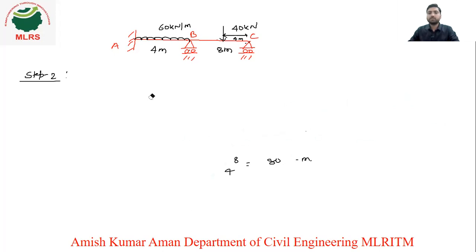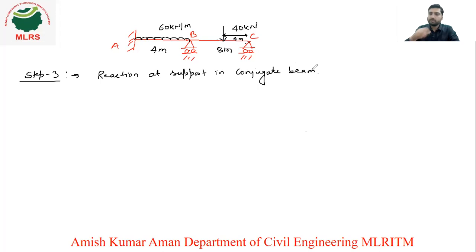In a conjugate beam, if you want the deflection at any point, the moment divided by EI will give you the deflection. So step number 3, reactions at support in the conjugate beam.